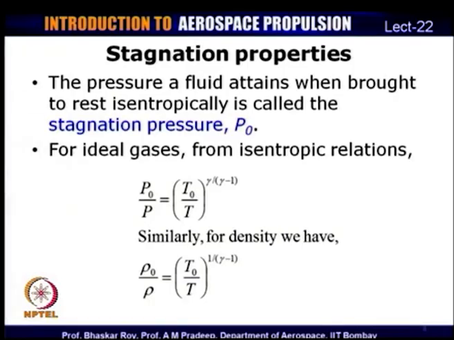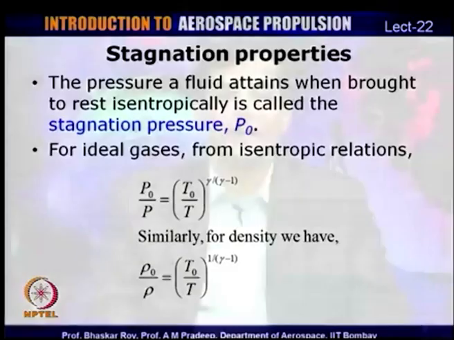Similarly, we can define it for density, which is rho naught by rho is equal to T naught by T raised to 1 by gamma minus 1. Again, gamma is the ratio of specific heats. These are isentropic relations which we will be using very frequently in our thermodynamic analysis of different cycles, some of which we have already discussed, not in the form of the ratio of stagnation temperatures and pressures, but in the form of static pressure and temperature ratios.